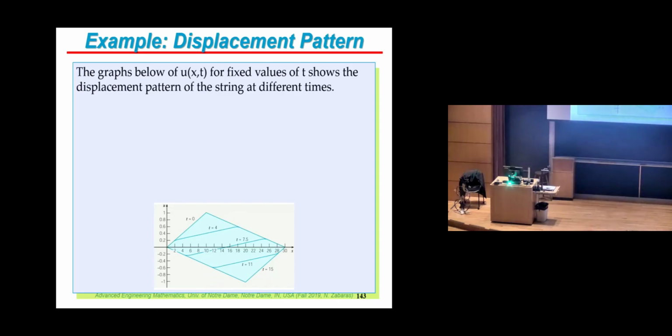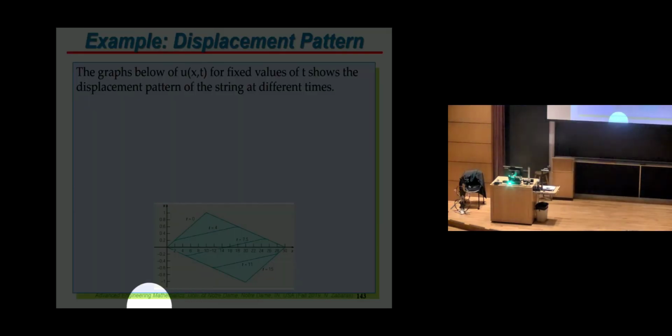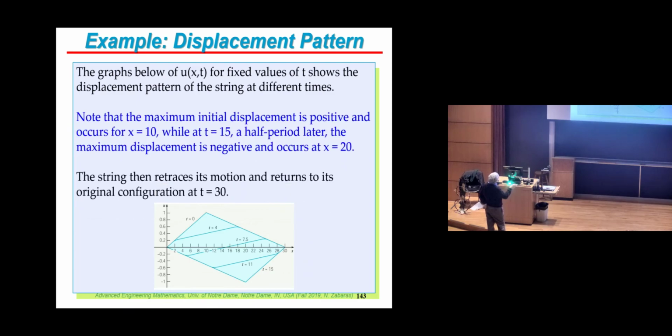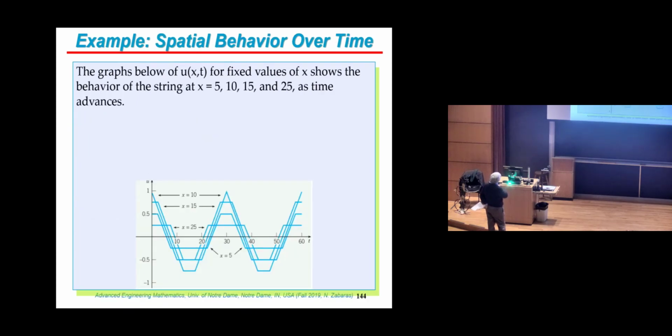And then you can see at time t equal 15, the displacement has become negative. It looks like that, all right? And actually, t equal 15 for this problem is half the period, which means now the motion is going to be reversed, and it's going to go back to where it started at time t equal to 0 in another 15 seconds.